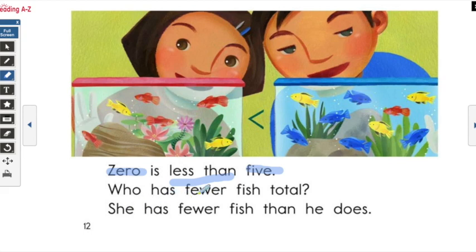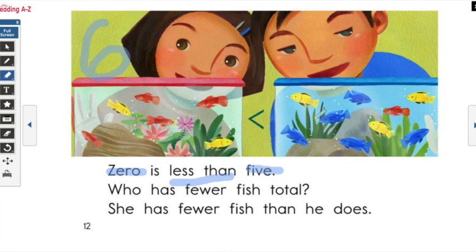Who has fewer fish total? Let's count how many fish she has and then how many fish he has. She has 1, 2, 3, 4, 5, 6. She has 6 fish all together.